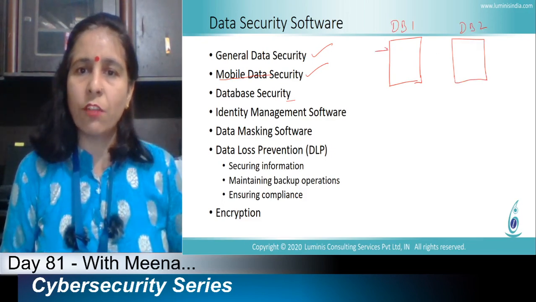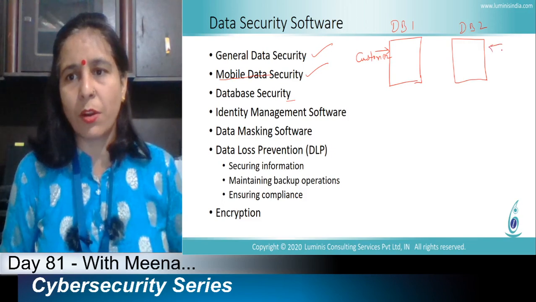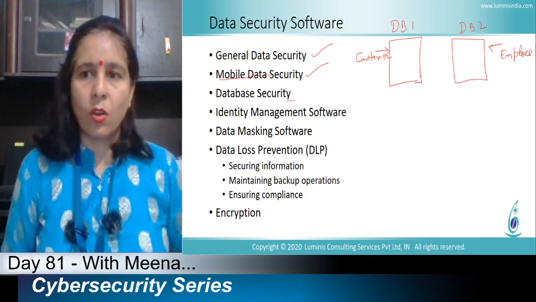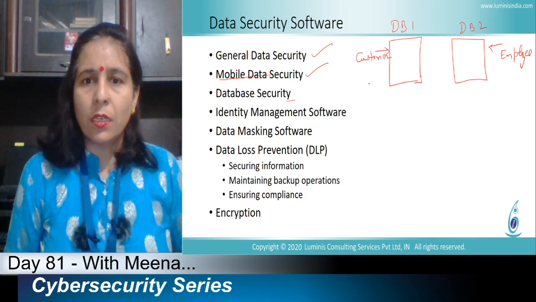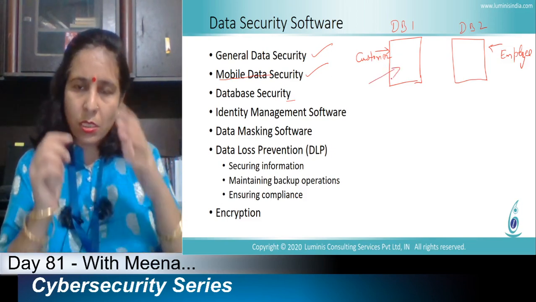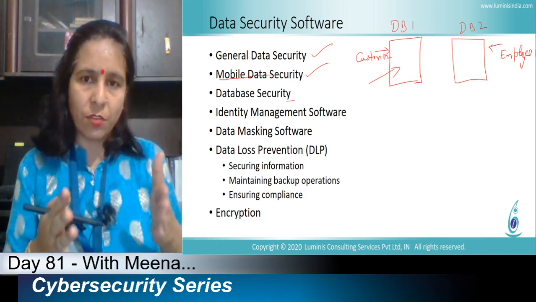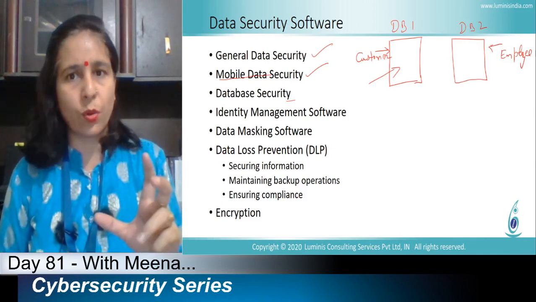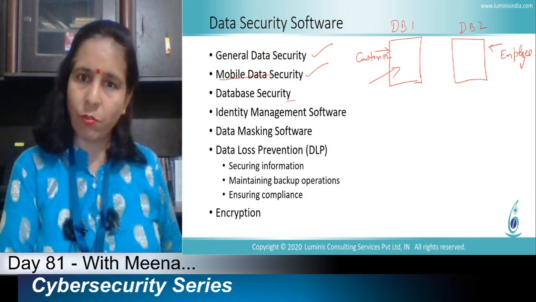Database 1 has the information related to the customers, and on database 2 there is information about their employees. Because these database servers have very sensitive information, we need to perform a high level of security. We cannot give access to anyone so that they can get information about our customers.